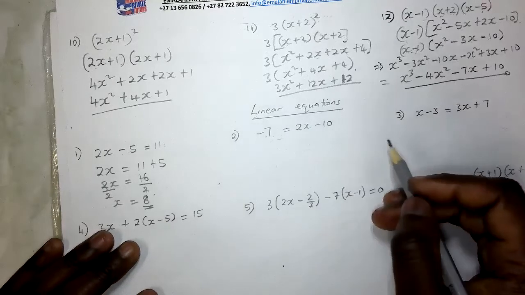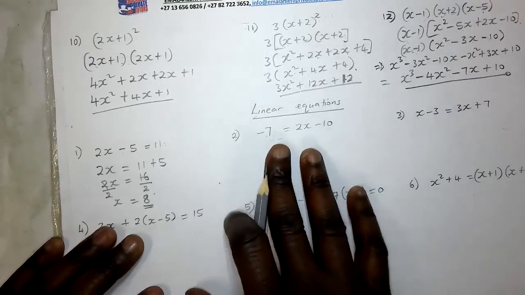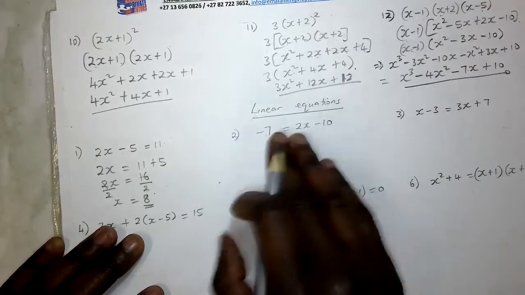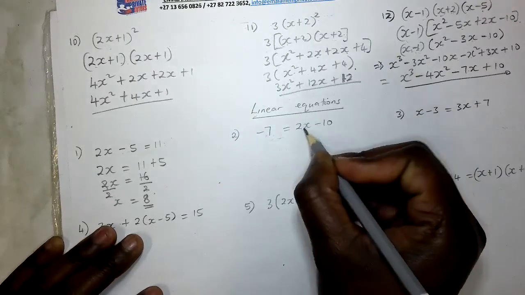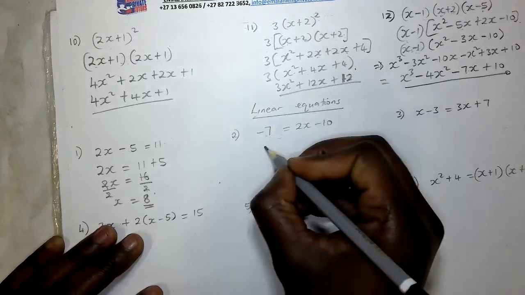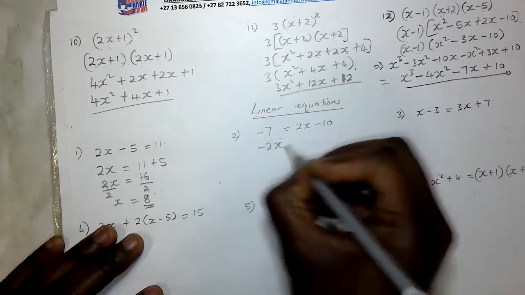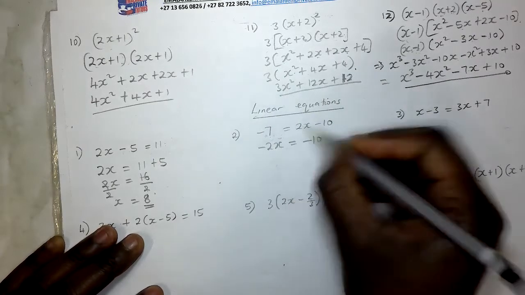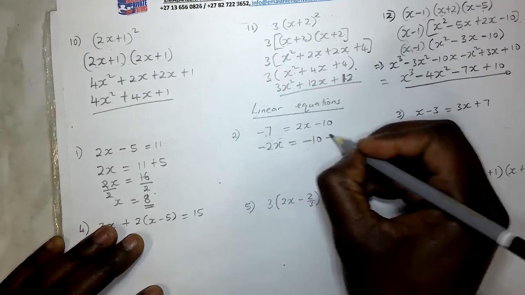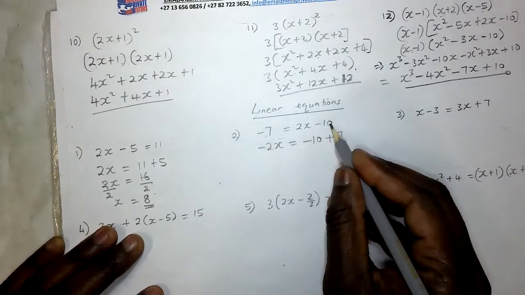Then what about this one now? What must we do? Remember, we need to collect the like terms. We are going to say in this case here, if you move negative 2, this side is going to be negative 2x. Then you move 7, that side is going to be negative 10 plus 7, because your 7 changes the sign there.